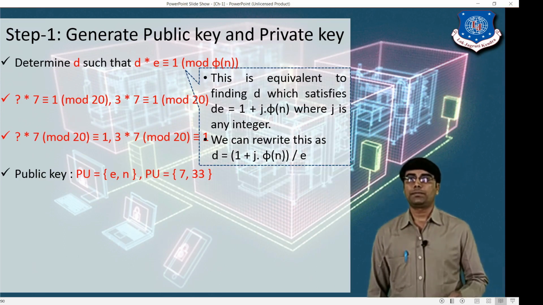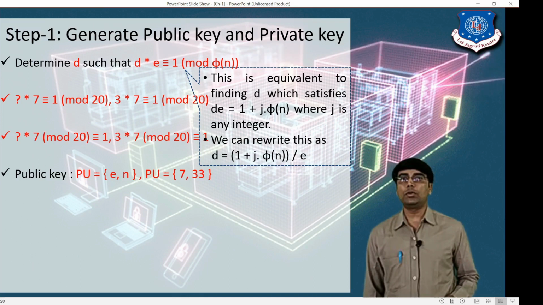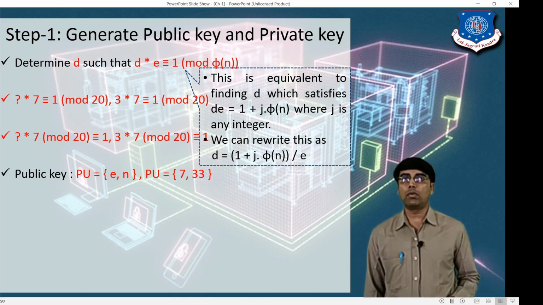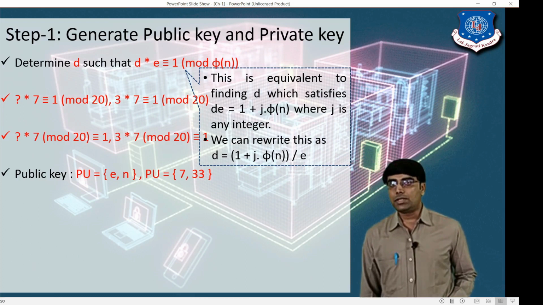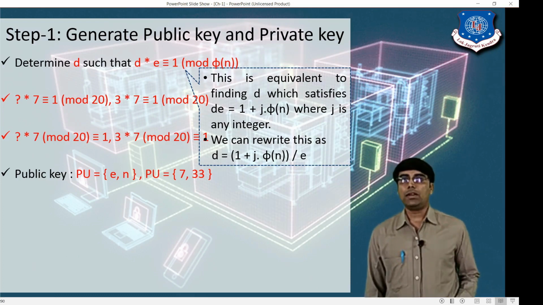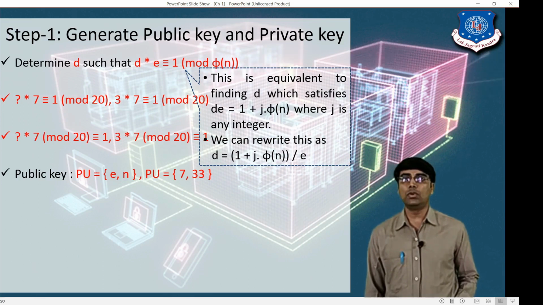Now this is also equivalent to finding the d which satisfies d times e equals 1 plus j multiply phi of n, where j is an integer. We can rewrite this equation as d equals (1 plus j multiply phi of n) divided by e.